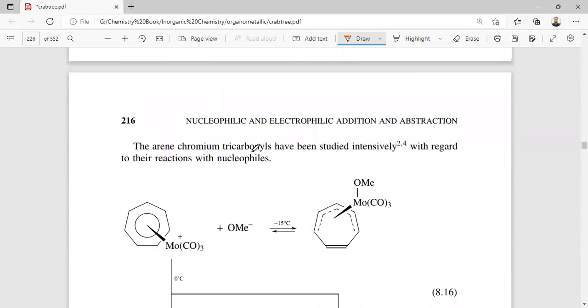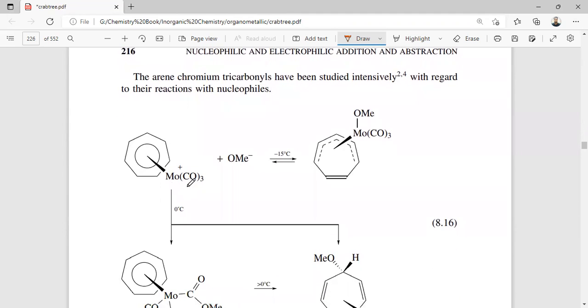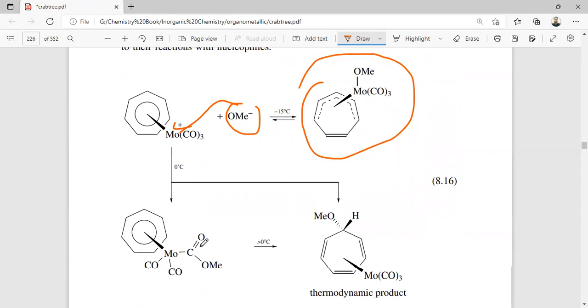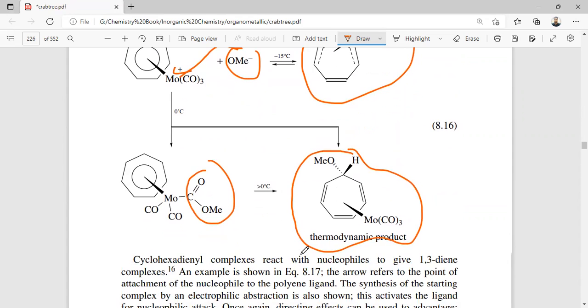The arene chromium tricarbonyl complexes have been studied intensively with regard to nucleophilic attack. Here, with this molybdenum tricarbonyl complex, the nucleophile will attack first at the metal center at lower temperature, but at 0 degrees centigrade it may attack the carbonyl carbon, and upon increasing the temperature, the attack on the arene moiety occurs. This is the thermodynamic product.